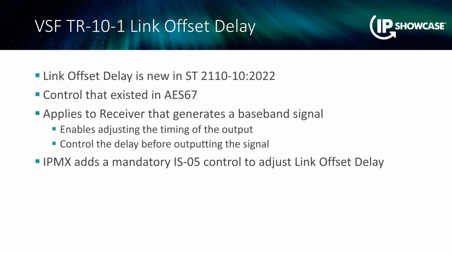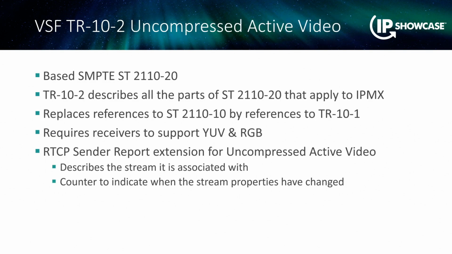IPMX supports that, and for devices that have a link offset delay capability, they need to use ISO 5 to enable control of it. So we added the control plane for link offset delay in IPMX. All right, that's TR-10-1, the timing spec.